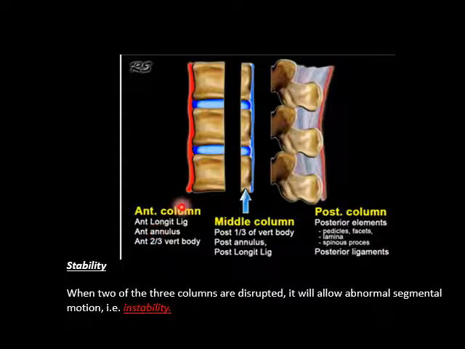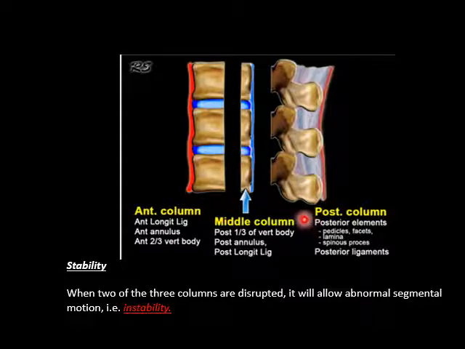For sake of stability, usually we divide the vertebral column into three columns. The anterior column is composed of anterior longitudinal ligament, anterior 2/3 of the vertebral bodies, and the anterior 2/3 of the disc. The middle column is composed of the posterior 1/3 of the vertebral body, posterior longitudinal ligament, and the posterior part of the annulus fibrosus of the disc.